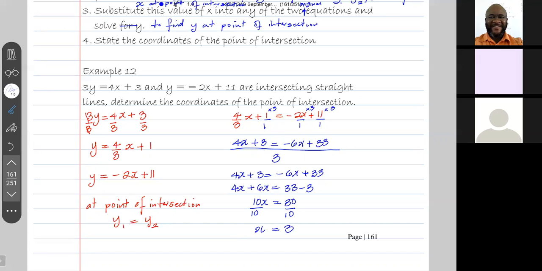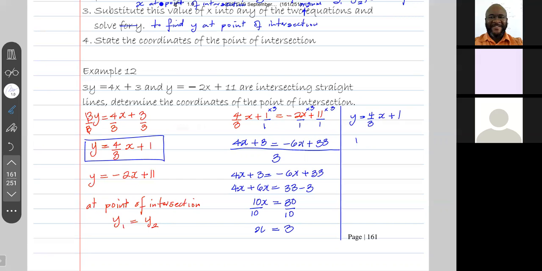So guys, what this is saying is that at the point of intersection, x is 3. Now, I'm going to substitute this value of x into any of the original equations. I could use this one. I could use the other one too, it doesn't matter. Both will give me the same answer. I'm going to use y is equal to 4 over 3 x plus 1.